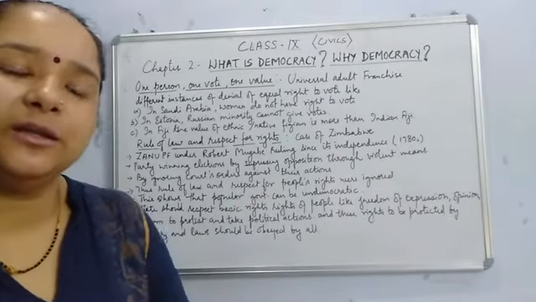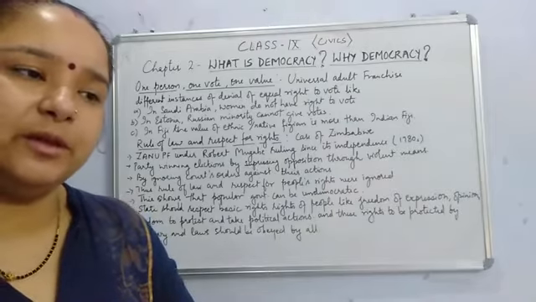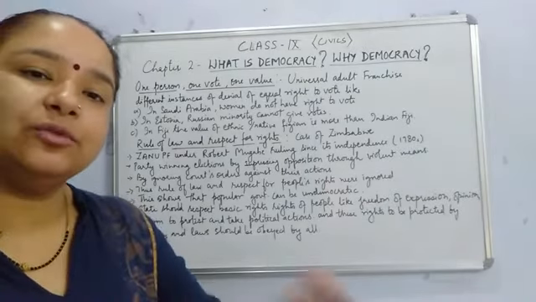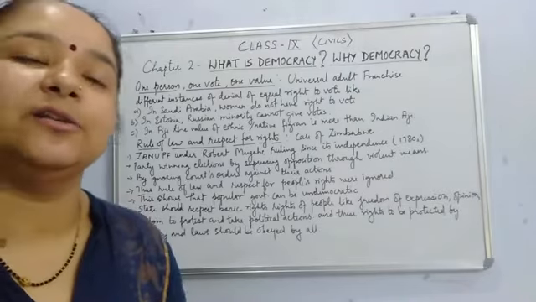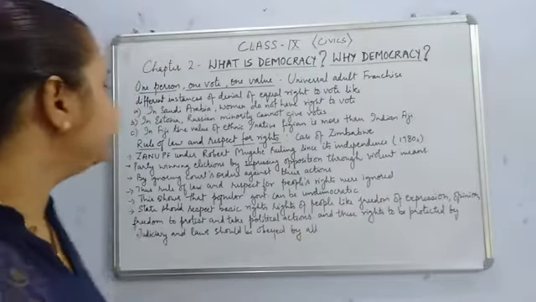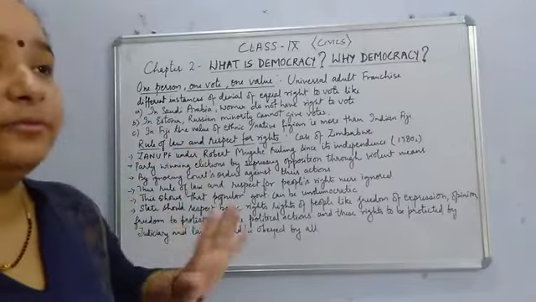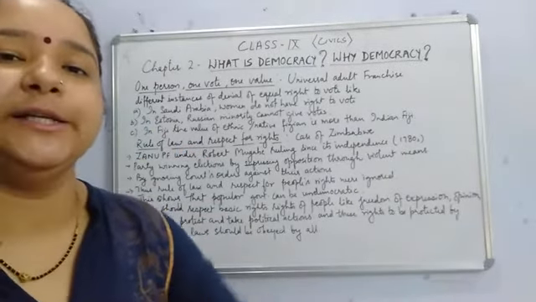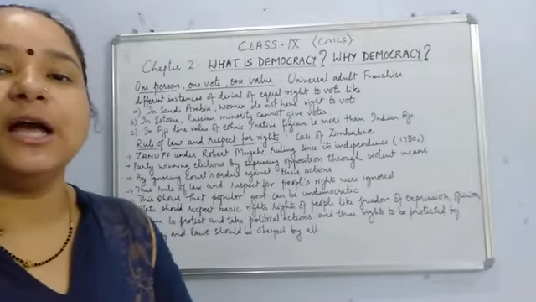So in Fiji, two types of citizens are there. One is the native Fijians, and the second category is Indian Fijians, right? So in Fiji, the value of the vote of a native Fijian is much more than that of Indian Fijians. So the values are not the same.